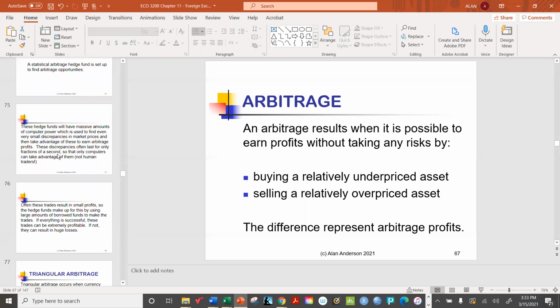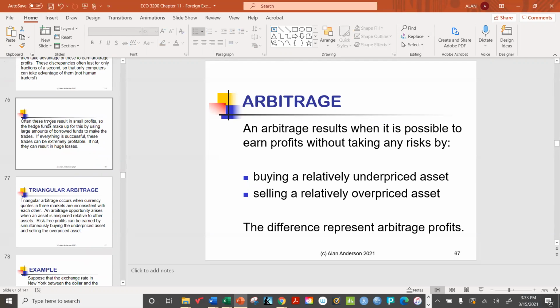All right. Now, in the foreign exchange markets, there are two specific kinds of arbitrage that you only see in these markets that we want to focus on now. The first one has a very cool sounding name.